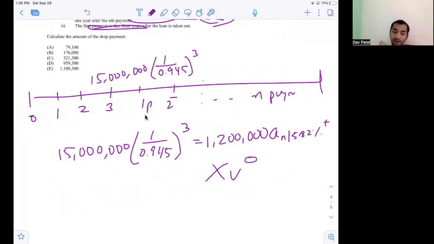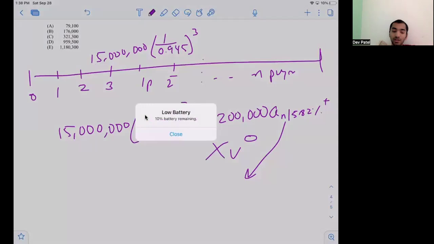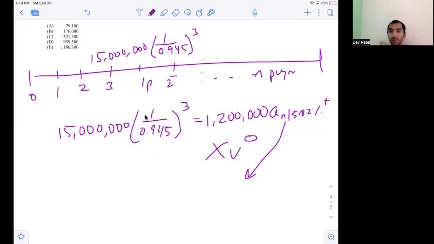So first we find what n is by plugging this into our calculator. As we mentioned, we want to be really cognizant and aware of the signs that we're plugging in when we put this into our financial calculator.